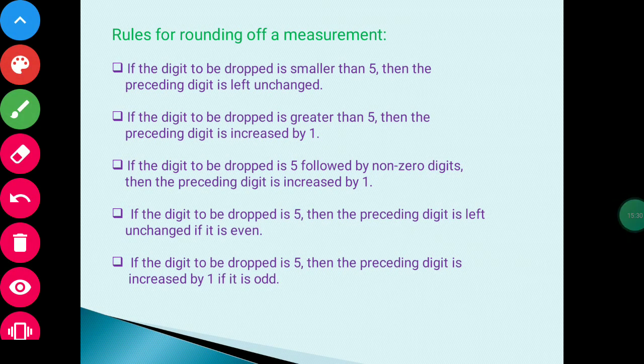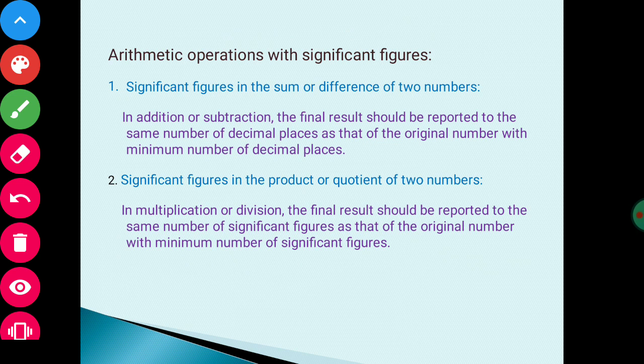Now next topic, arithmetic operations with significant figures. There are two operations that we discuss today. Significant figures in the sum or difference, addition or subtraction of two numbers. In addition or subtraction, the final result should be reported to the same number of decimal places as that of the original number with the minimum number of decimal places.